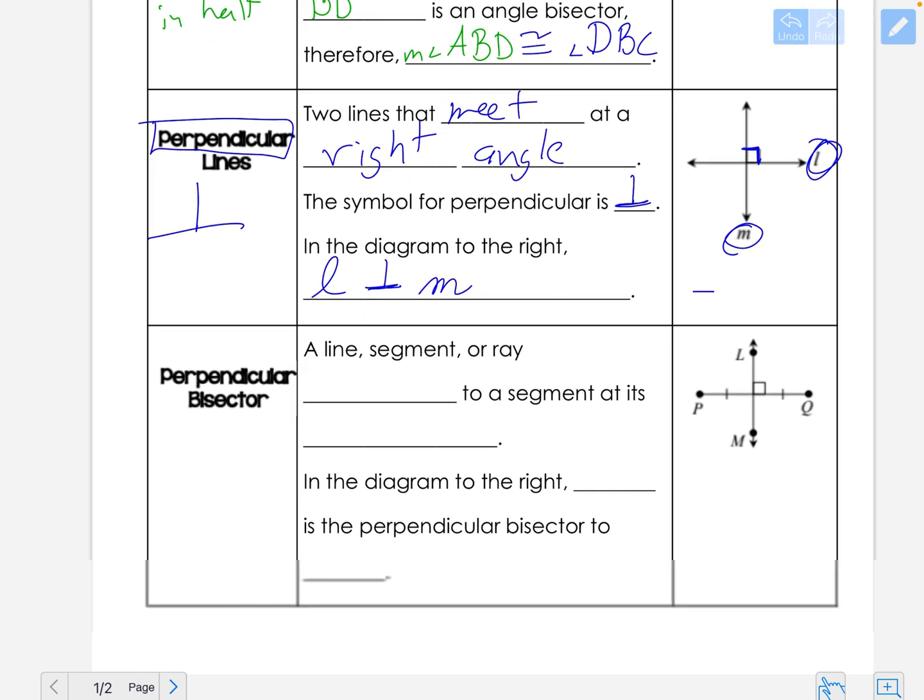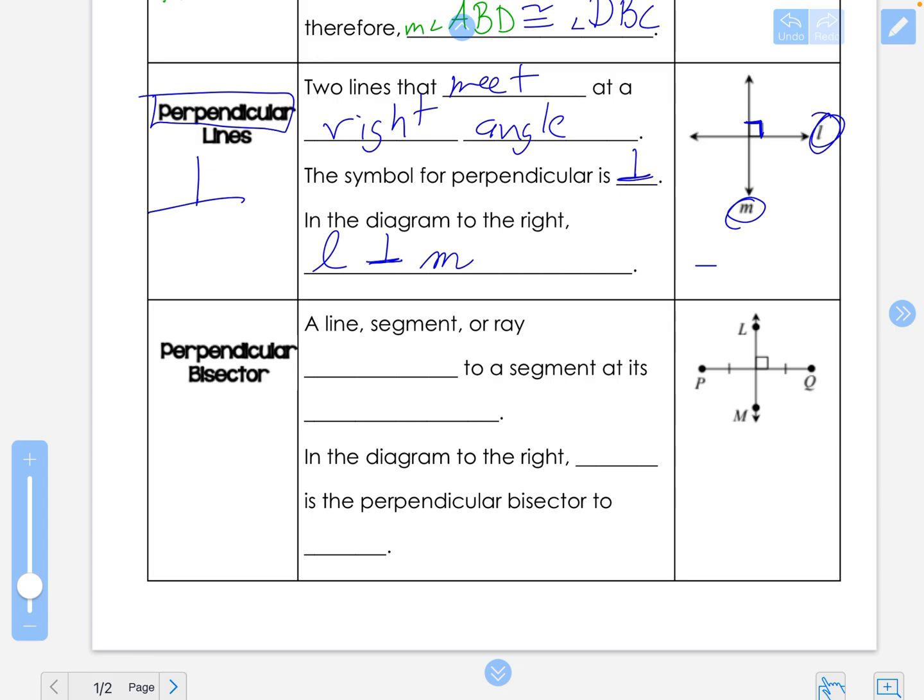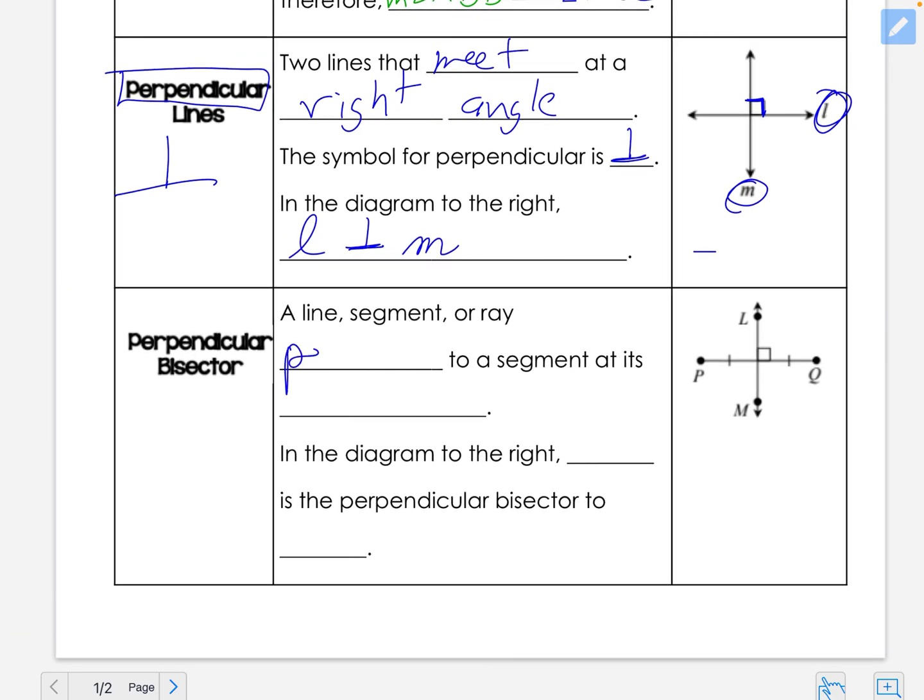Now we're going to combine perpendicular and bisector. A bisector cuts something in half, and perpendicular tells us that two lines meet at a right angle. So a perpendicular bisector is a line, segment, or ray perpendicular to a segment at its midpoint.